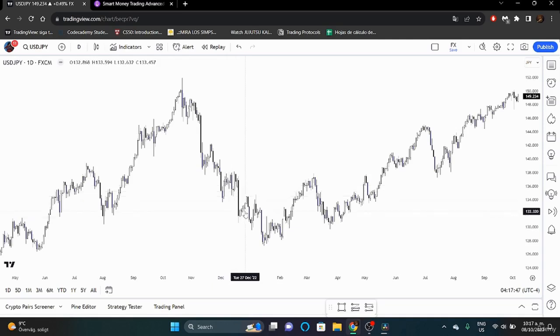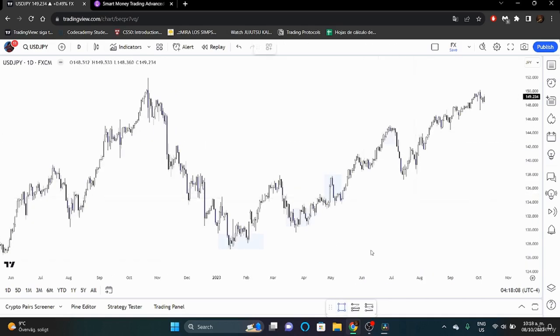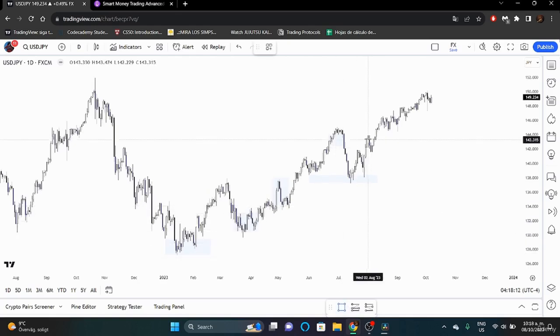Accumulation, accumulation, another phase of accumulation, reversal right here, expands, accumulation, accumulation, reversal, accumulation below these lows, first accumulation, second accumulation, and where is it likely for us to then explode to?